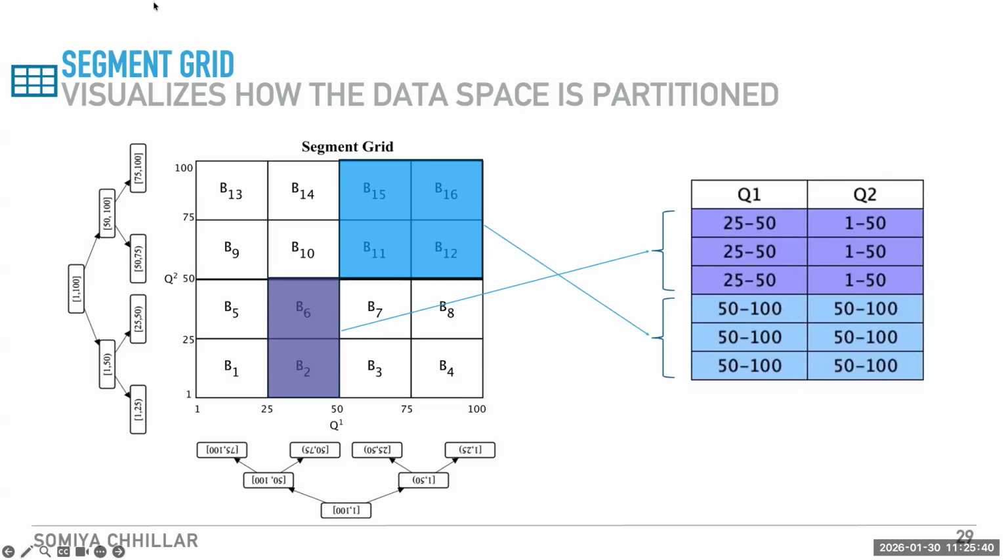Because we can play around with these basic segments to represent different bucket sizes or generalizations, we can use them to represent equivalence classes. As shown on the slide, the purple group corresponds to the first equivalence class, and the blue one corresponds to the second equivalence class.